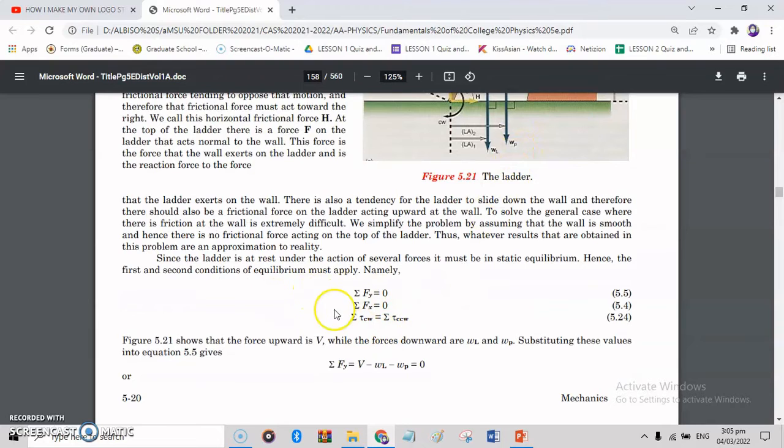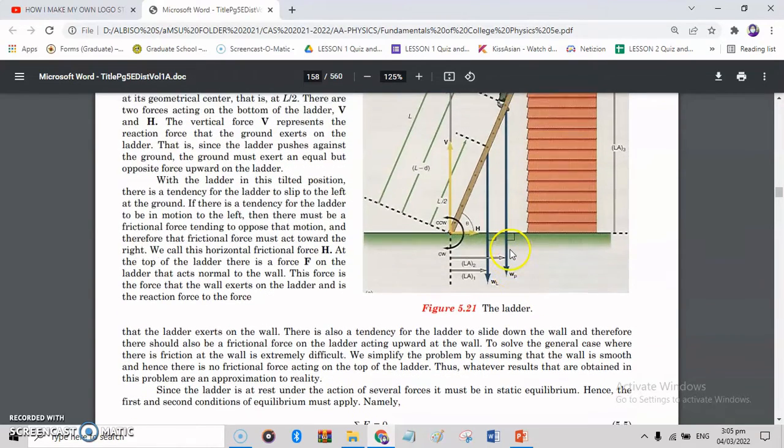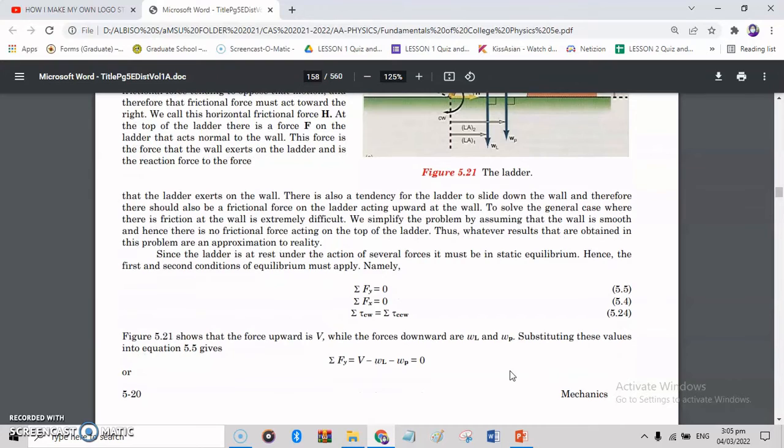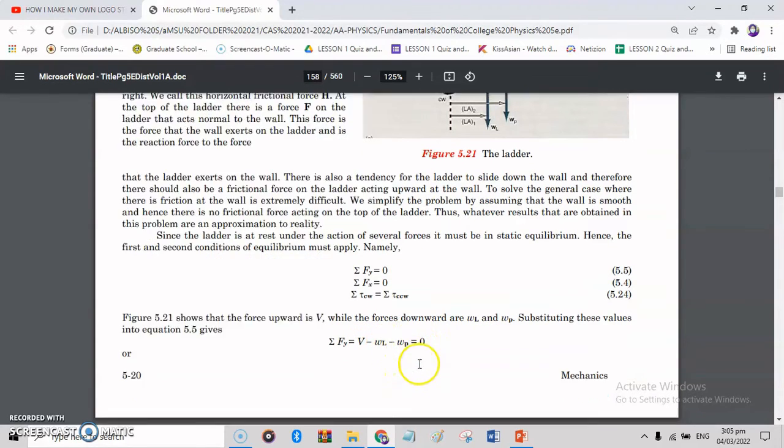Now, these equations also hold for solving problems about ladder, okay? So, there is a summation of all forces along the Y. We see that there is V, there is WL, and there is WP. Okay? So, tatlo. V minus WL minus WP equals 0.